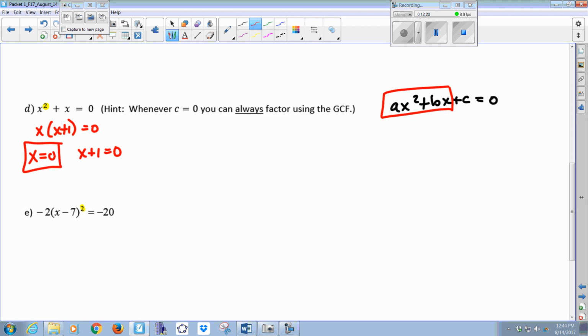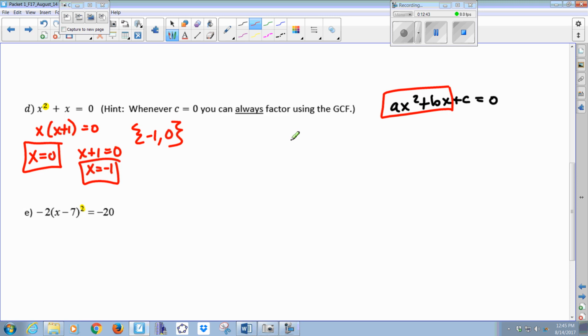Well, this one's all done for me. And here I have to subtract 1 from both sides. So there are my two solutions. No quadratic formula, okay? No need to go through all of the pluses and minuses and square roots and simplifying all the things we have to do when we use the formula.